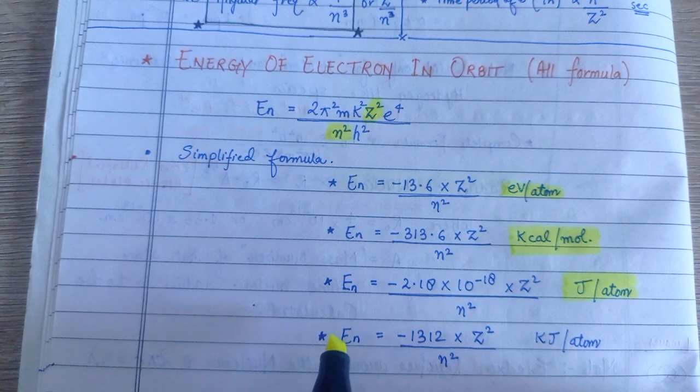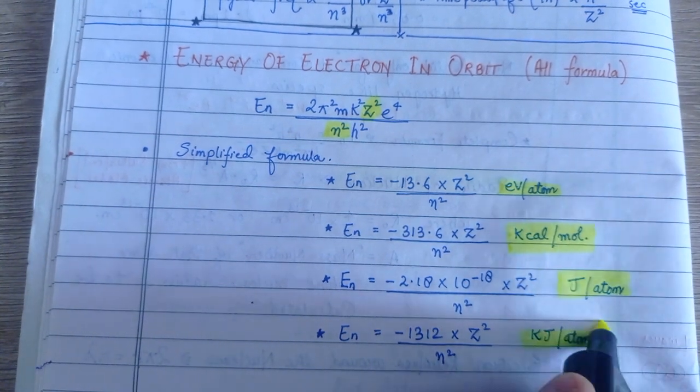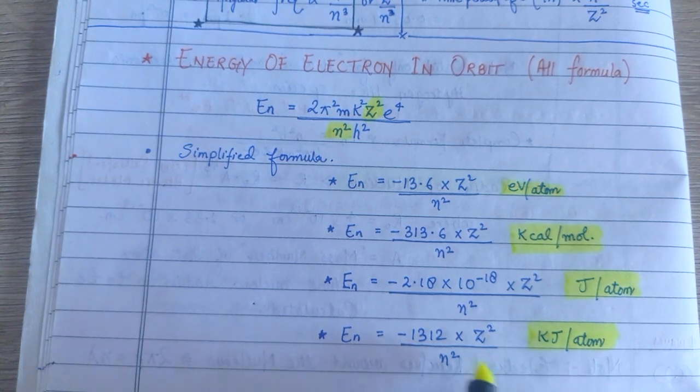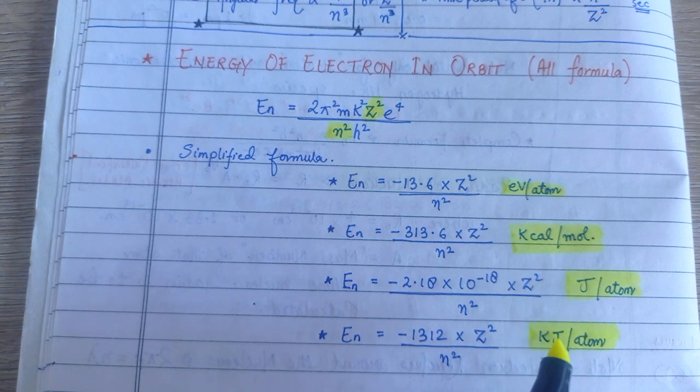And if the question asks to calculate the energy of an nth orbit in kilojoule per atom, then you use minus 1312 into z square upon n square, and the unit is kilojoule per atom. More than remembering the formula, knowledge of units is important. Without units, you can make a big blunder. So remember all the units and their constant values.